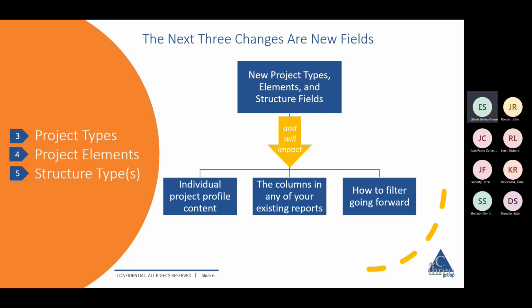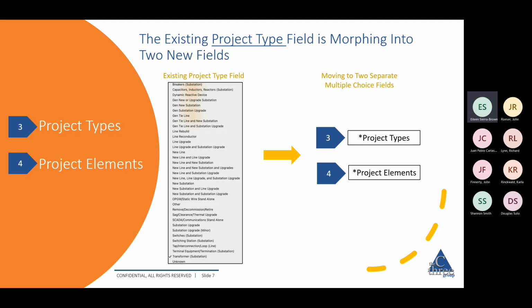The next changes that we'll discuss are the new fields: project types, project elements, and structure types, and how each of those is different from what was previously utilized. The old field, the singular project type, has morphed into two different fields.